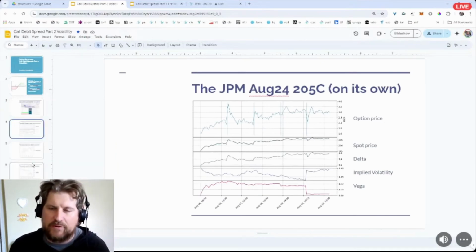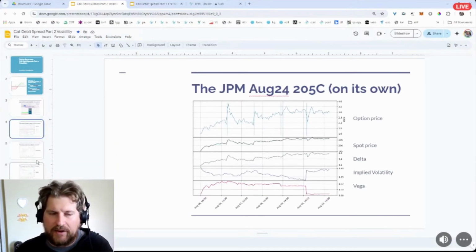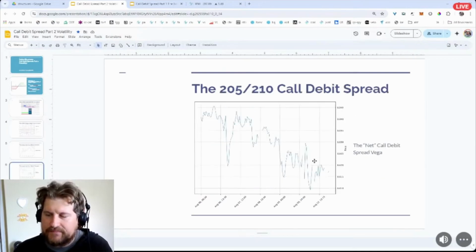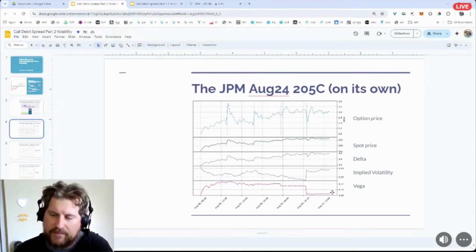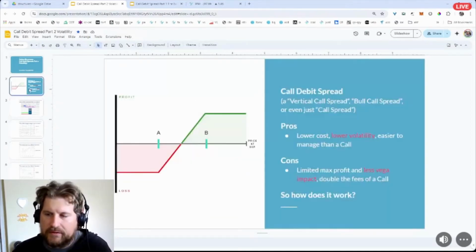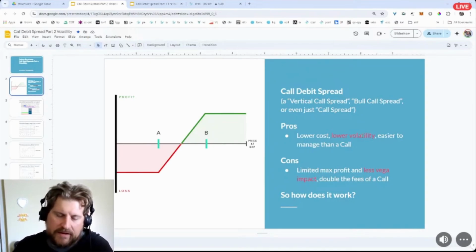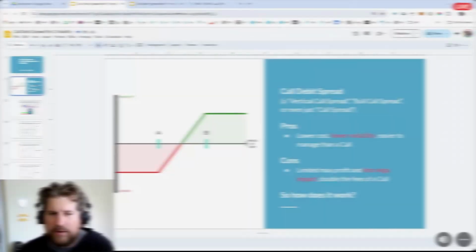So you have less than half of the Vega of the outright call, and it went down, and it just stayed low compared to the Vega of the outright call, which moved its way above 0.12 and now has come all the way back down to maybe 0.085. So, the volatility differences both in price and in implied volatility impact are what I wanted to hammer home today.